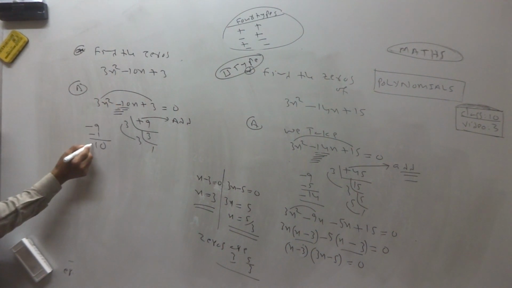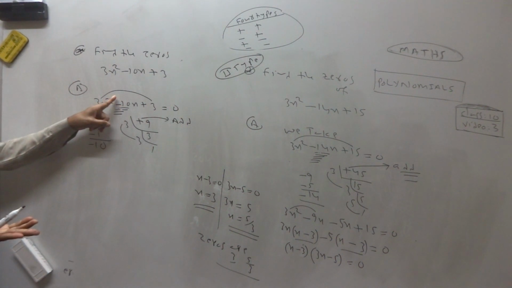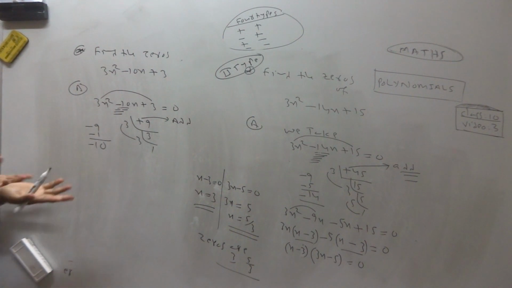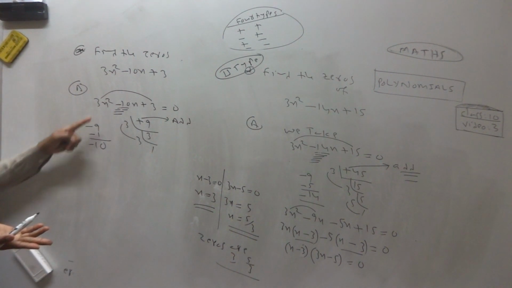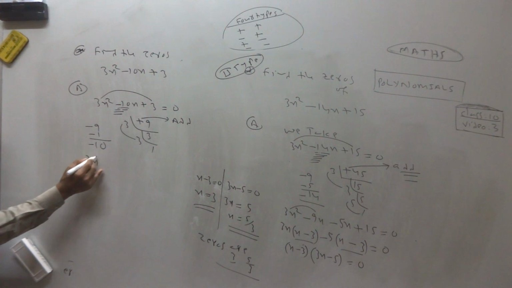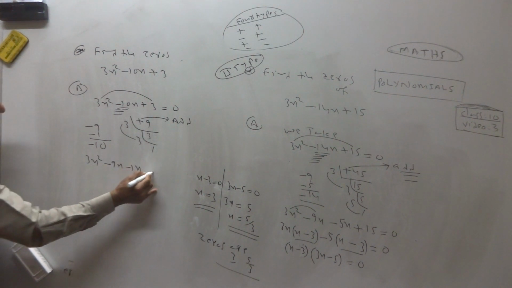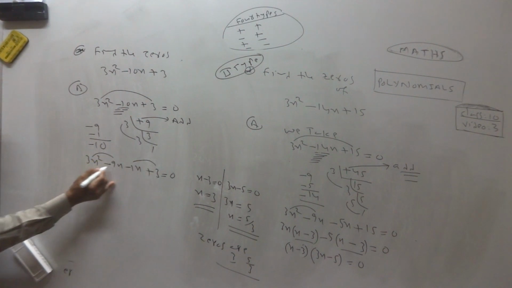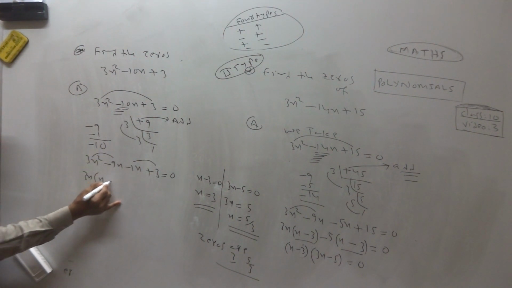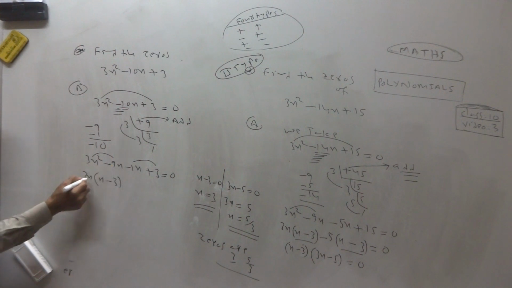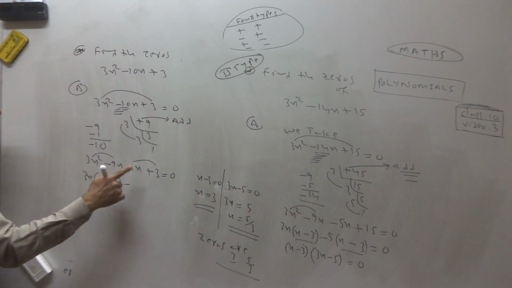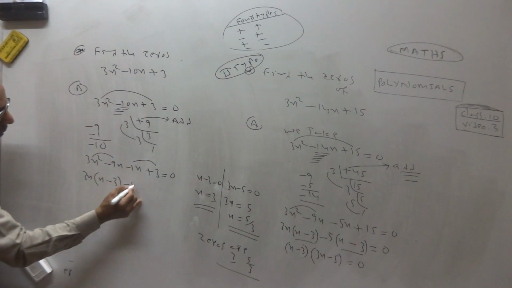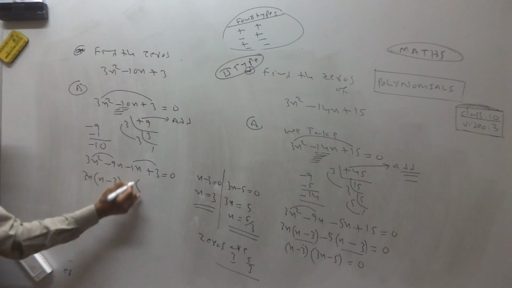Center is minus, so you take both minus. If center is plus, both plus. Like that. Minus 9 minus 1 is minus 10. Minus 9, minus 1, plus 3. Okay. So 3x common. 3 threes are 9. X is already common. Here nothing is common. See, nothing is common means we should take one common.